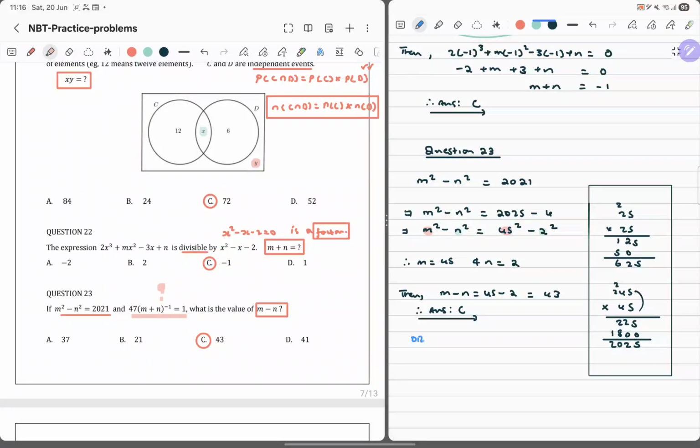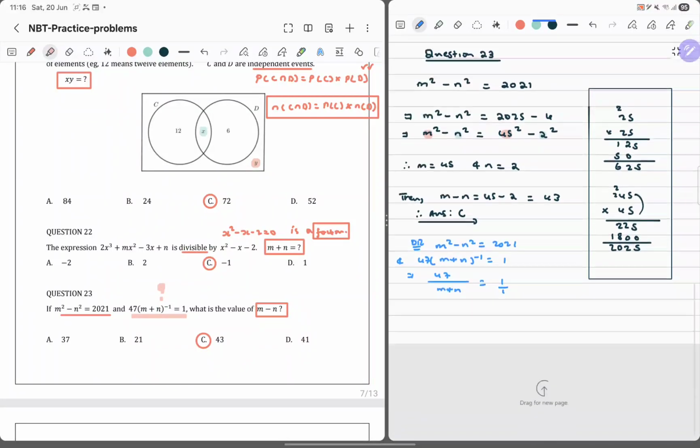So the same situation we could look at and say, fine, we can say here m squared minus n squared is 2021, right? But if we look at this 47 into m plus n to the minus 1 is equal to 1, this implies that 47 over, writing this as a positive exponent, is going to be like that.